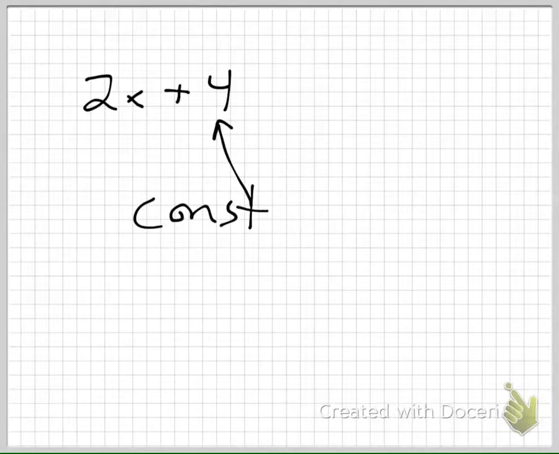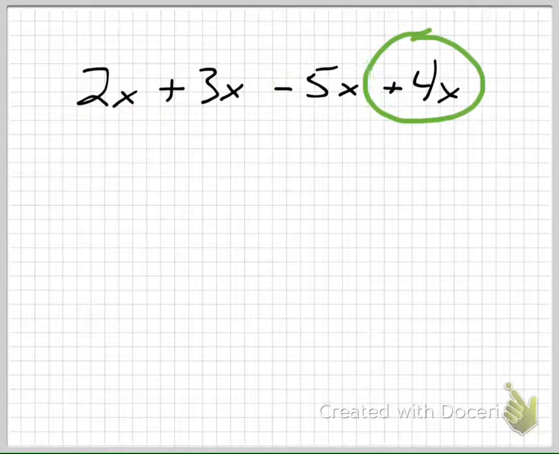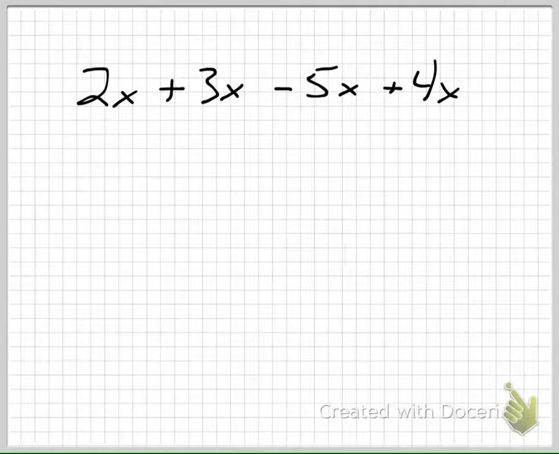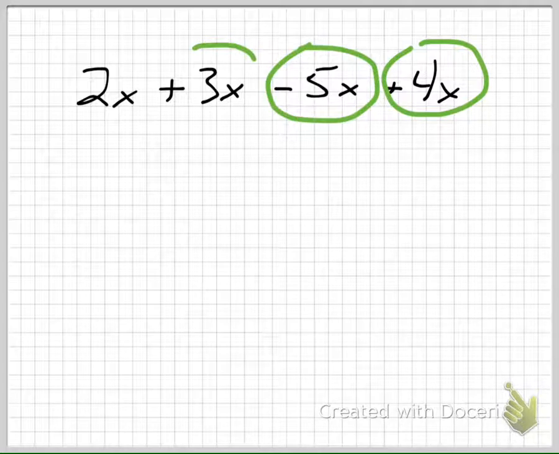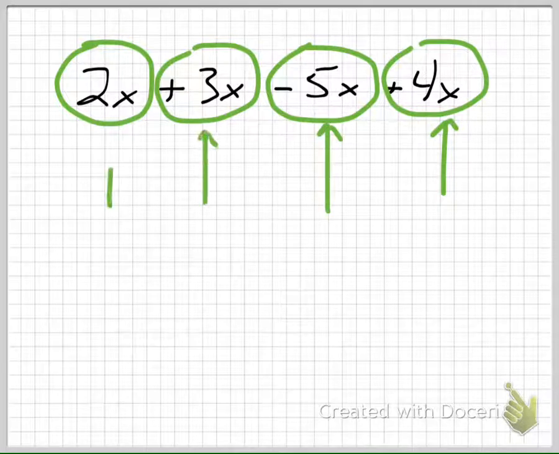All right. Here's the deal. Like terms, I'm going to go back to this. All of these guys have what's called like terms. The variables in each one of these are identical. Each one of them has just an x.